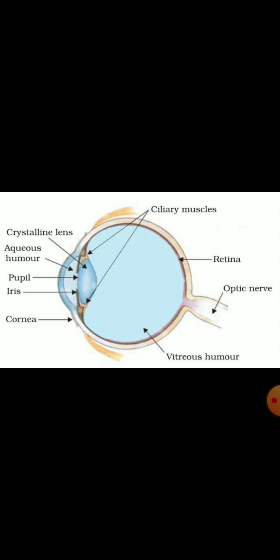Do you remember that when we were learning the parts of the human eye, I told you that we'll learn it in power of accommodation. So here it is. The function of ciliary muscles is to modify the curvature of the eye lens.